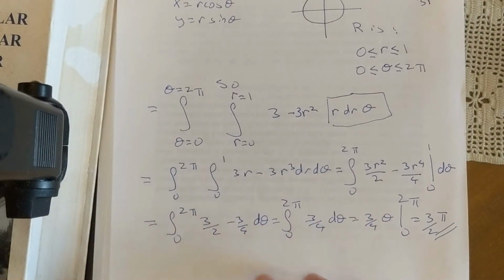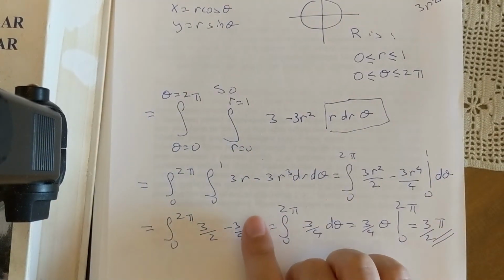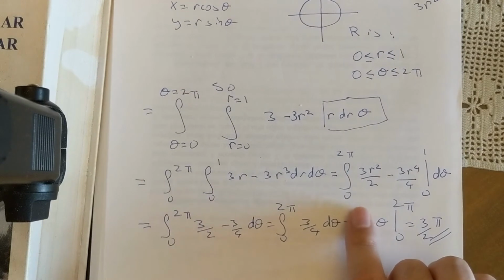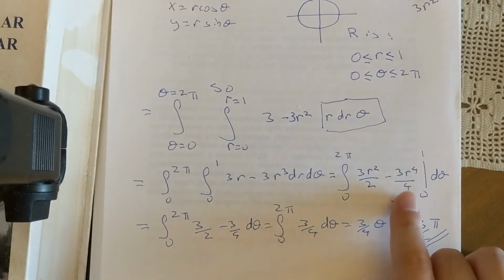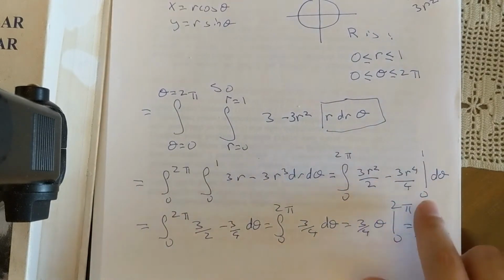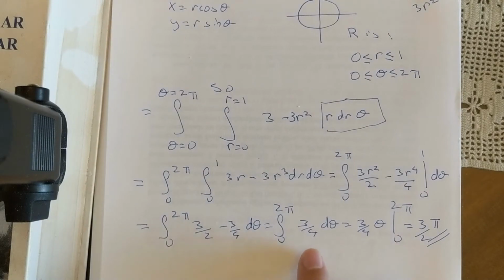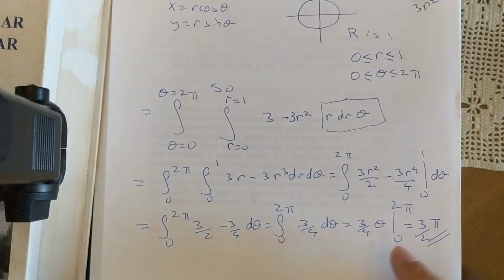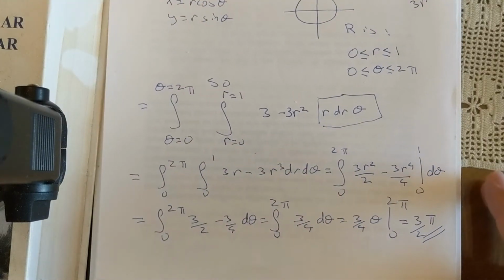So now we have our integral. We just multiply by r, you get 3r minus 3r cubed. Integrated, you get 3r squared over 2 minus 3r to the 4 over 4 from 0 to 1. So that boils down to 3/4 theta from 0 to 2 pi, and you get good old 3/2 pi.